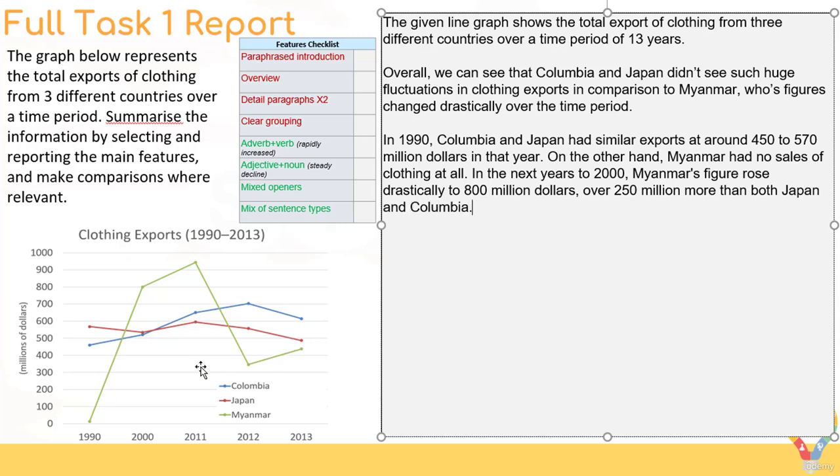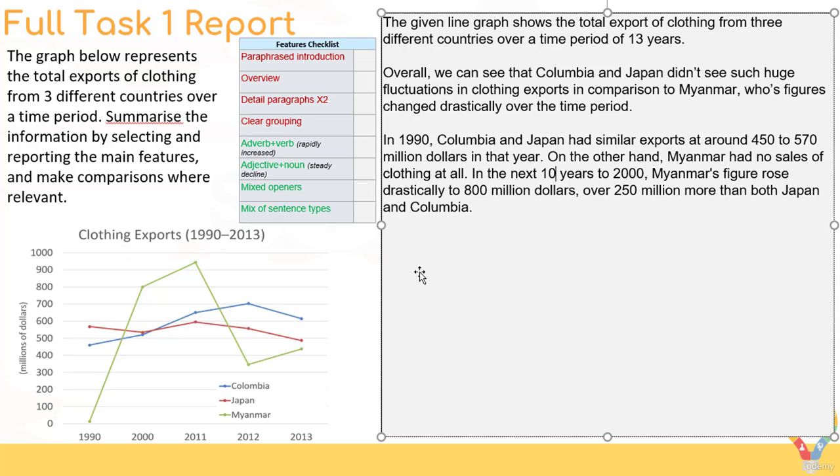Okay, let's have a quick read through. So we've done the first 2 years. I also need to describe 2011. In 1990, Colombia and Japan had similar exports at around $450 to $570 million. On the other hand, Myanmar had no sales of clothing at all. So that's 1990 done. In the next 10 years, so this is why it's important to read your writing back.